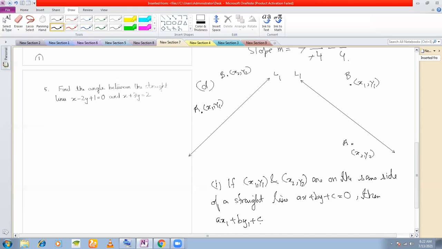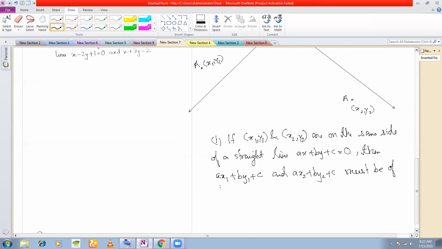Then ax1 plus by1 plus c and ax2 plus by2 plus c must be of the same sign. What do you mean by same sign? Either they should be both negative or both positive.